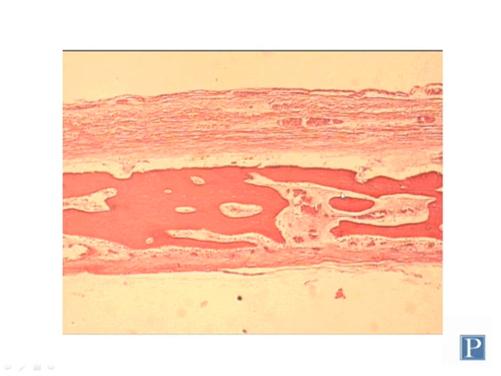It's important to remember that the matrix of bone stains eosinophilic, and so these eosinophilic structures that you're seeing here are the actual bone, not the white stuff. The white stuff are the spaces in between the bone. Bone, as it initially forms, is an immature type of bone called woven bone, which is very similar to spongy bone or trabecular bone.